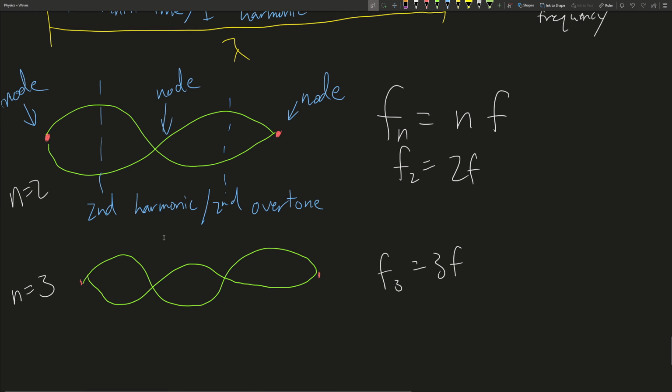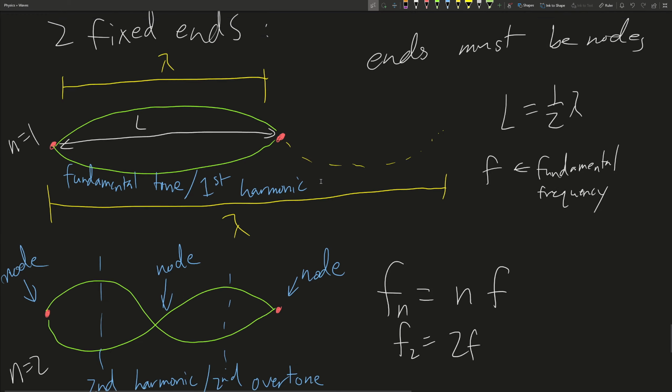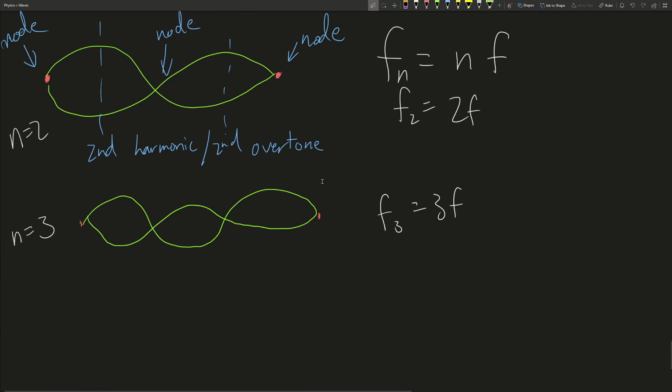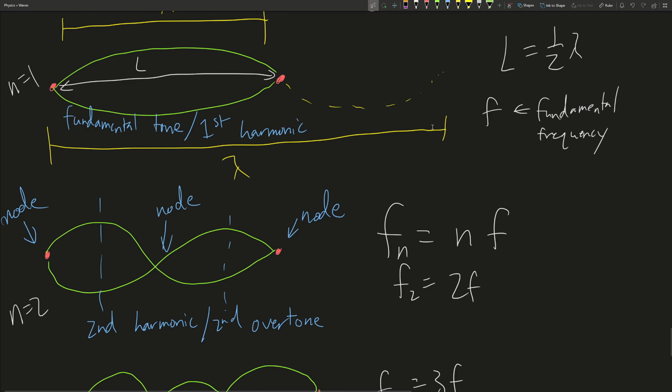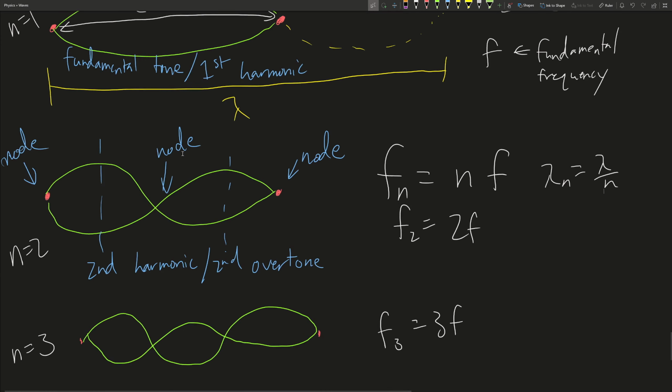And that makes sense because you're fitting 3 times as many oscillations per length. And the velocity stays the same, so the frequency has to increase. And then the wavelength decreases. The nth wavelength is equal to this original wavelength divided by n, because it's the same length, but you're fitting two of the original waves on there.